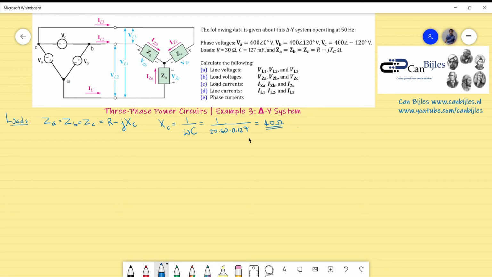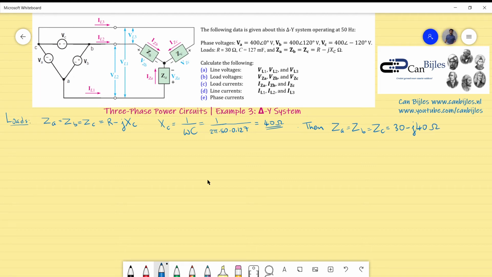Then, if you substitute the values for the resistor and the determined value for XC in this expression, you will have ZA, ZB and ZC. All of them will be the following expression: 30 minus j40 ohms.